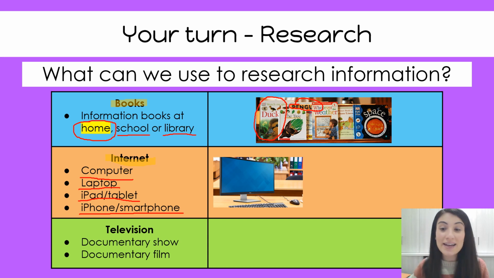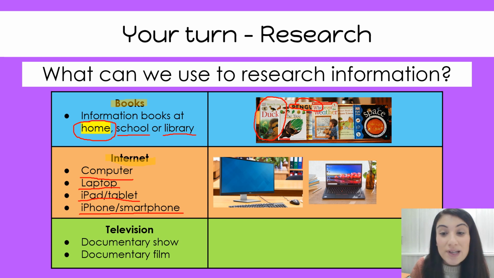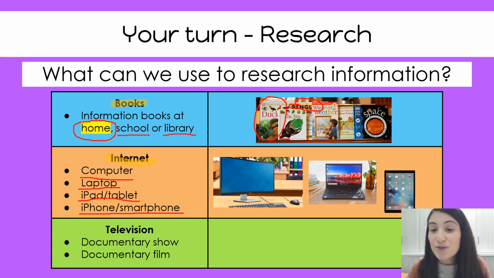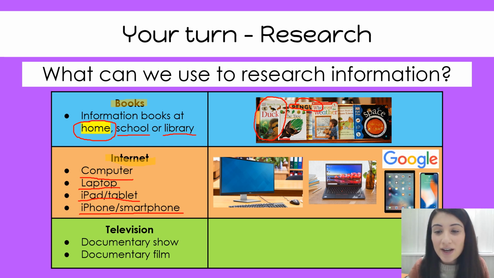And some of you might have a desktop computer at home that you could use. You could use a laptop computer, which is still a computer, just a smaller version. You could use a tablet like an iPad, an iPhone or a smartphone. And a really important tool that we might use on the internet is Google.